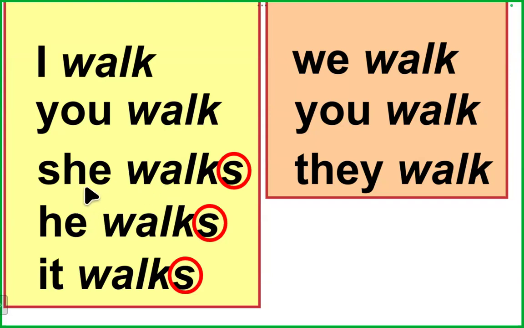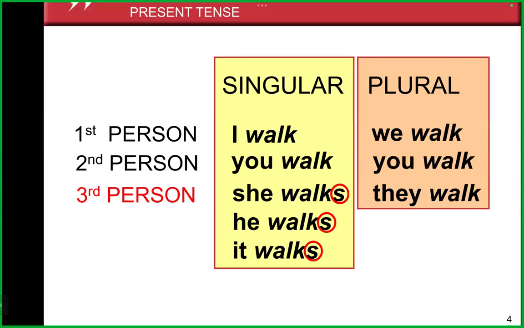For the third person, we add the letter S at the end of the verb. So we say she walks, he walks, and it walks. For the other subjects, as you can see, we don't add anything. It's normal. You see? I walk, we walk, you and they walk. That's totally perfect. Okay, let's continue.